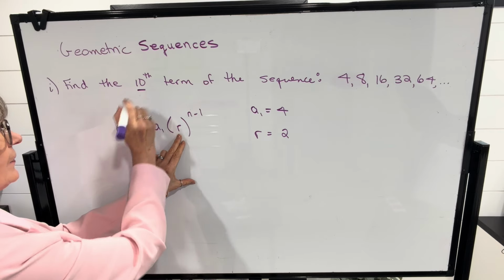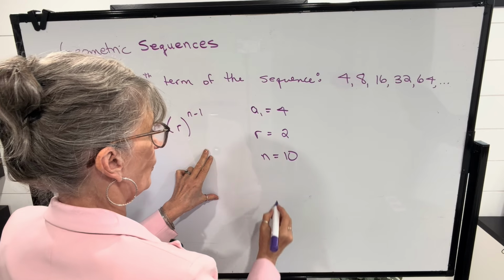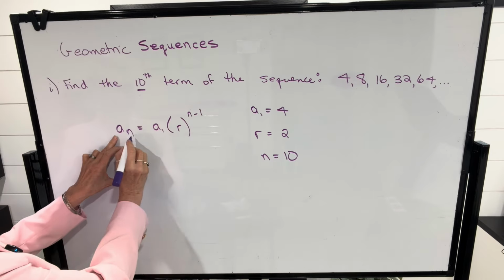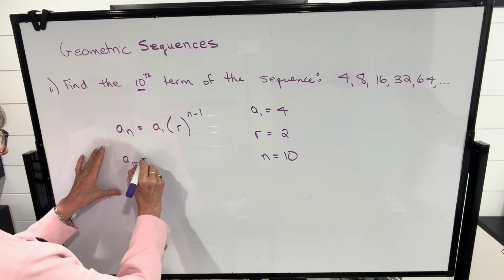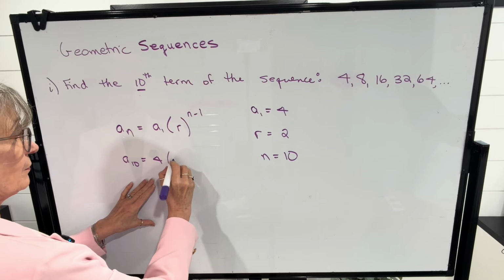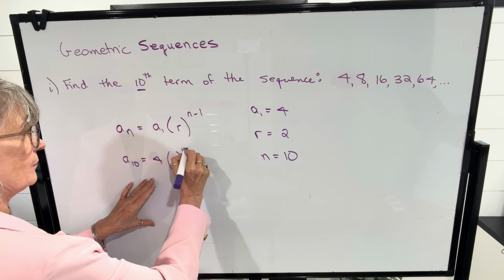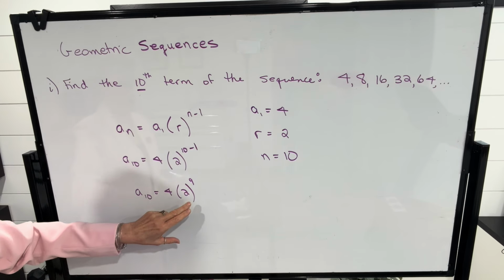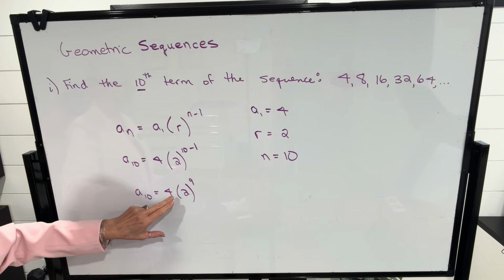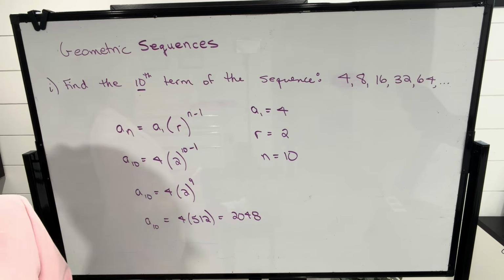If we're finding the 10th term, n is 10, and therefore we are finding a sub 10. So it's going to be the first term, which is 4, times our ratio to the power of n minus 1, so 10 minus 1. We're going to find 2 to the 9th power and then multiply by 4. So 4 times 512 will be 2048.